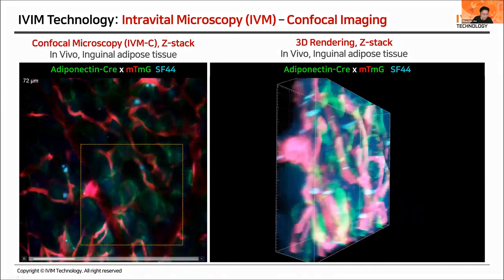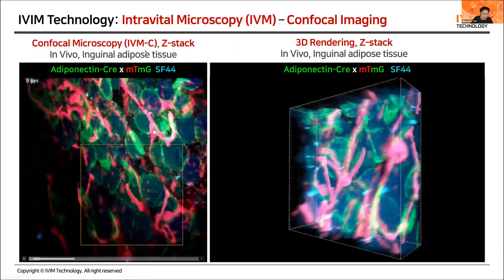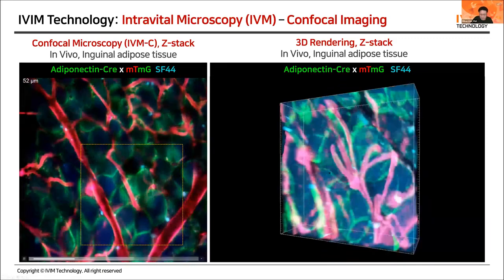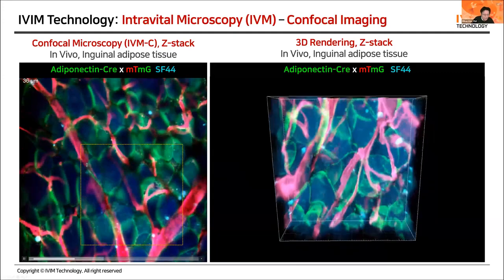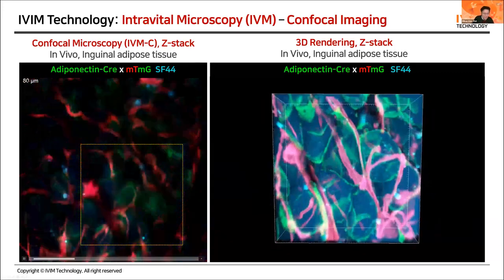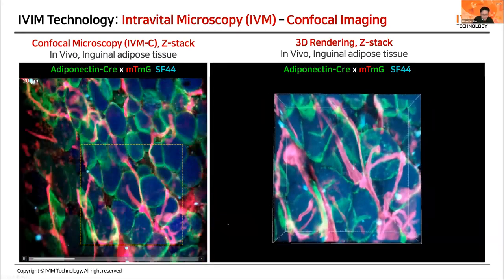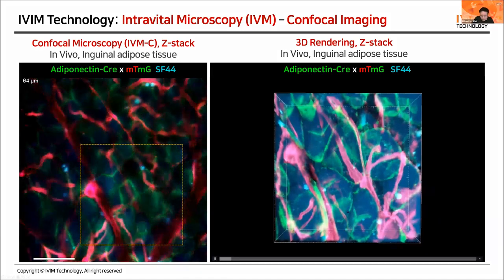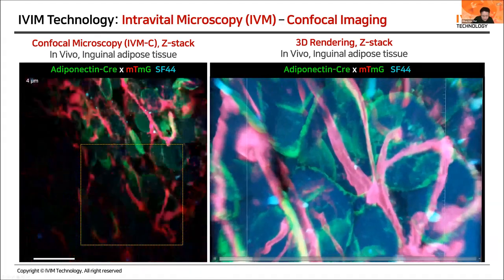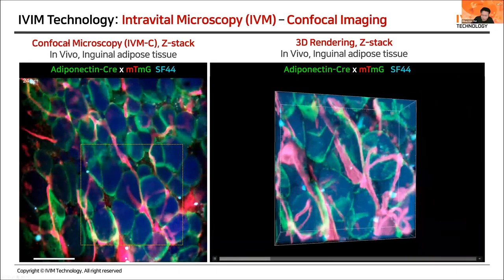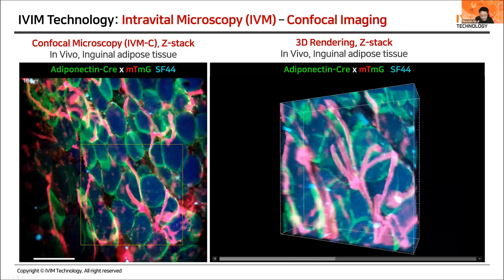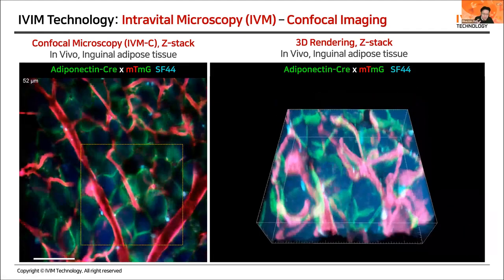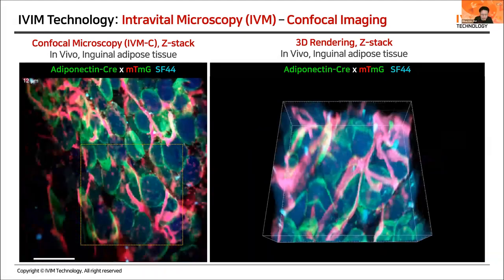This is the data obtained from the inguinal fat tissues. You can see this three-color image data with a 4 micrometer step size. The typical resolution we can achieve by the confocal imaging mode is submicron in XY directions, about 0.5 to 0.6 micrometer in XY.